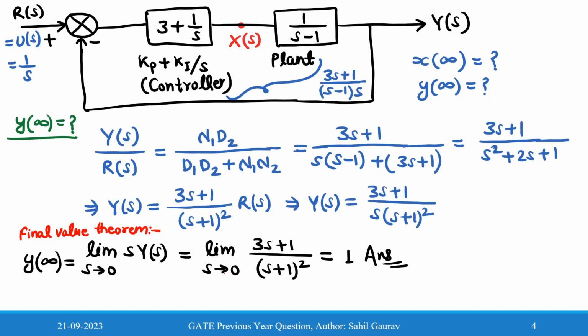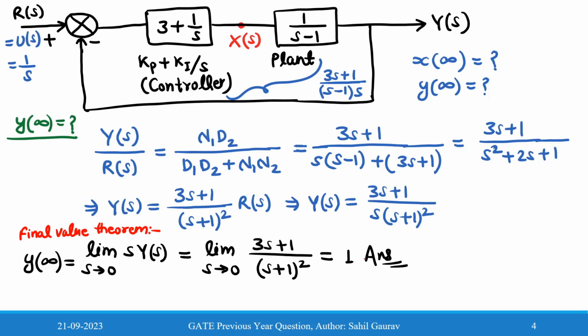So we get the limit as s tends to 0 of (3s plus 1) divided by (s plus 1) whole square, because s cancelled out. On putting s equal to 0, the numerator will be 1 and the denominator will also be 1. So the final value will be 1. The final value of the output will be 1.